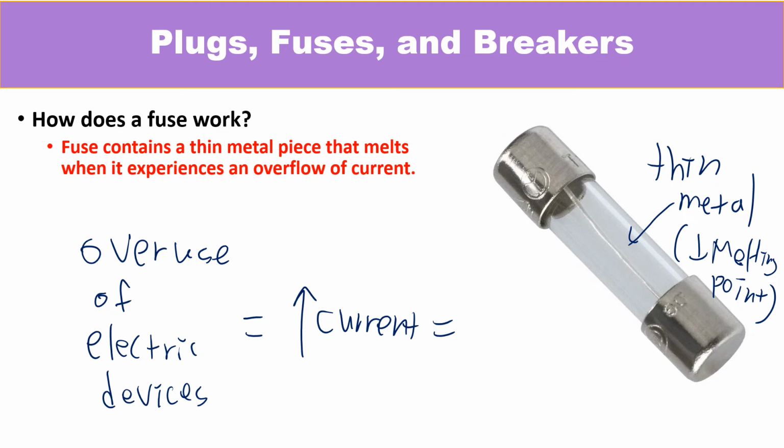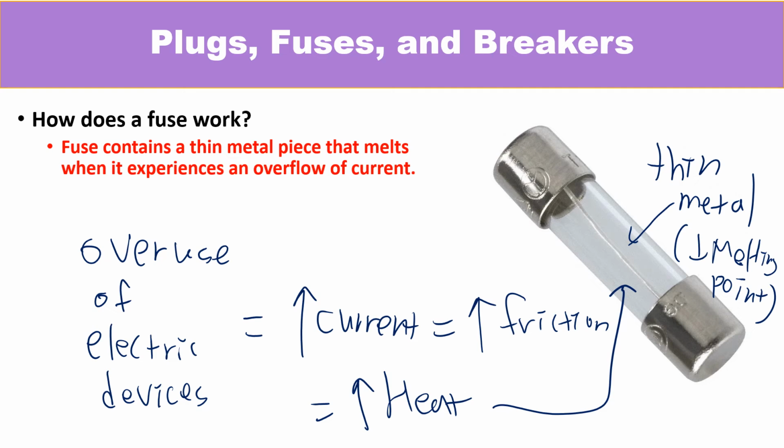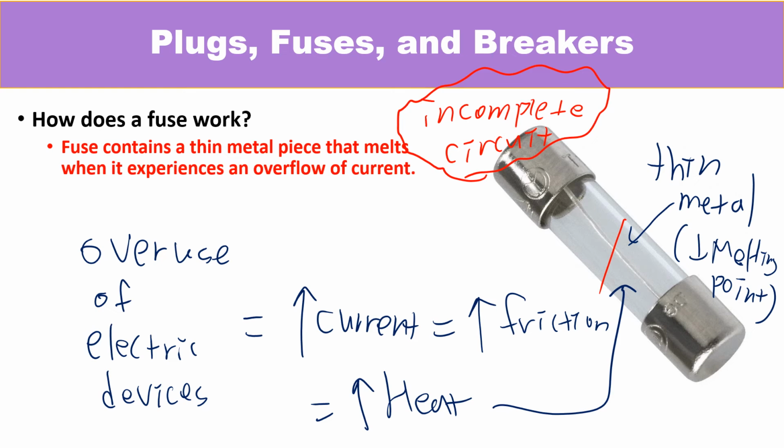When you do hiking, you will notice that rocks around are more smooth because of a lot of friction, which means high heat energy. And in order to prevent any fire, the fuse actually decides to melt. And if this part is cut off, then we have an incomplete circuit, which is a good thing because you're not going to have fire damage to other places.